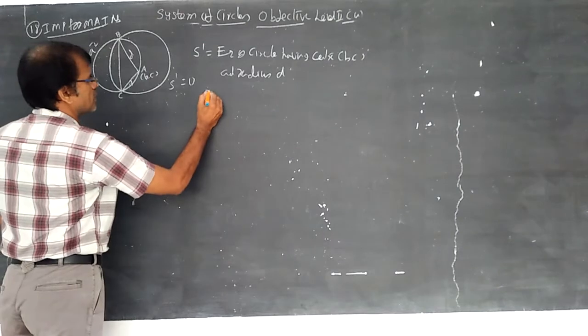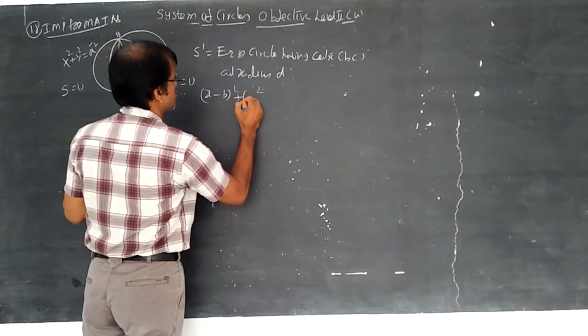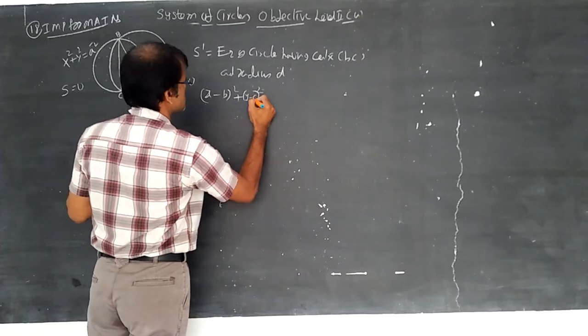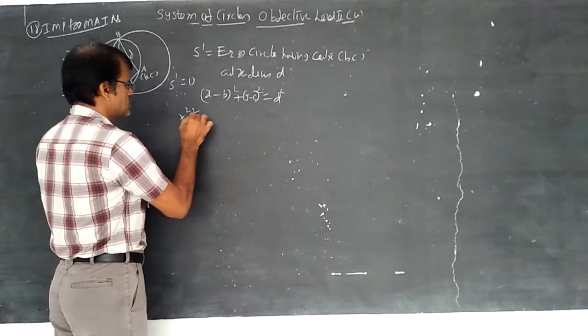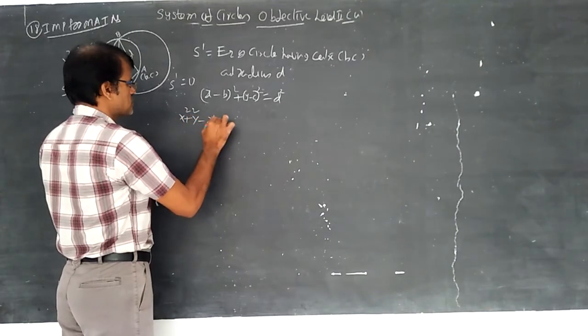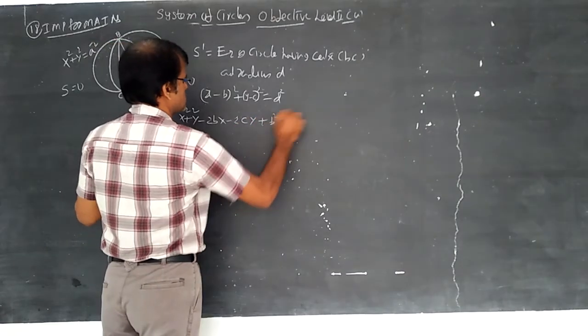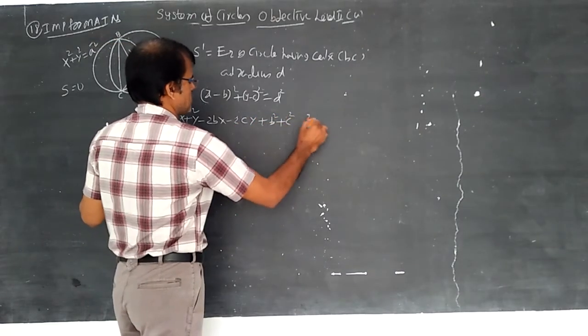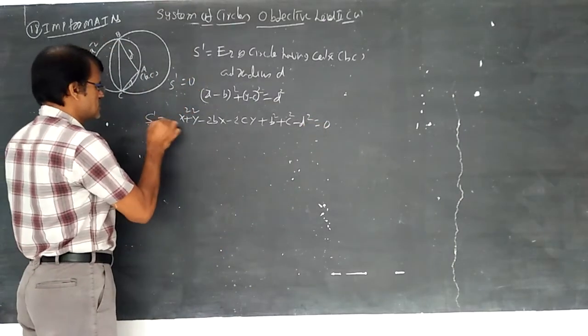Now we can write the equation of the circle: x minus b whole square plus y minus c whole square is equal to d square. Expanding, x square plus y square minus 2bx minus 2cy plus b square plus c square minus d square is equal to 0. This is S dash.